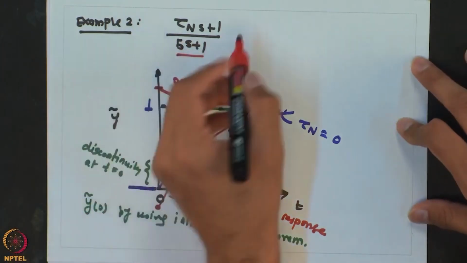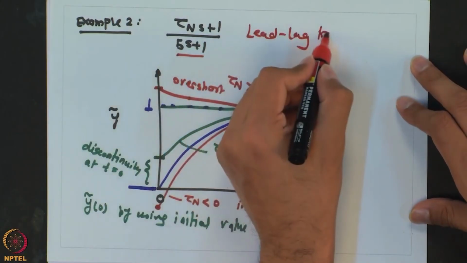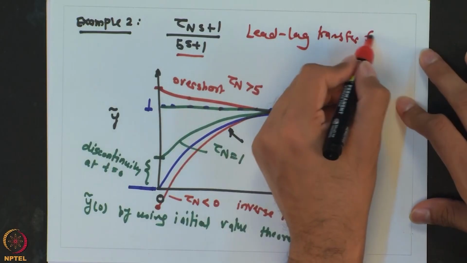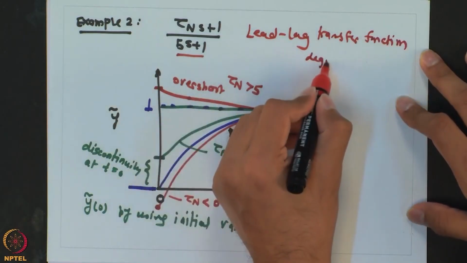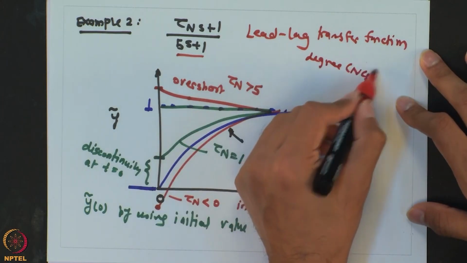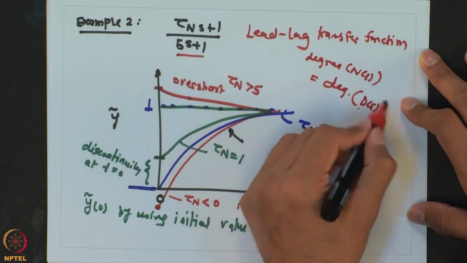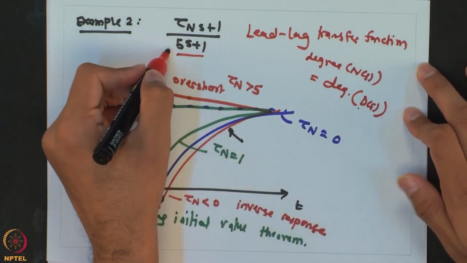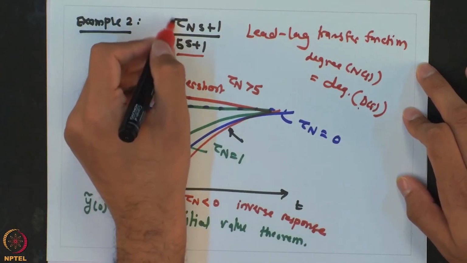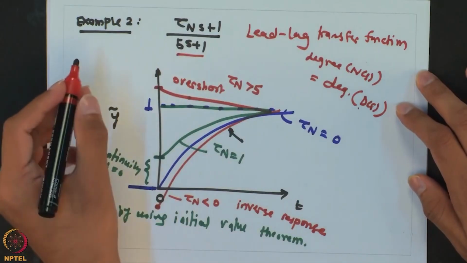Now, this type of transfer function is also known as a lead lag type of transfer function, because the degree of numerator is equal to the degree of denominator. So, the denominator is a first order lag and the numerator is a first order lead. So, this type of transfer function is known as a lead lag type of system.